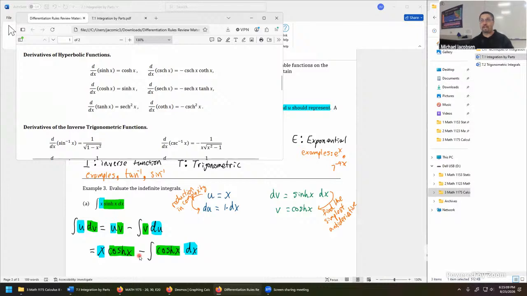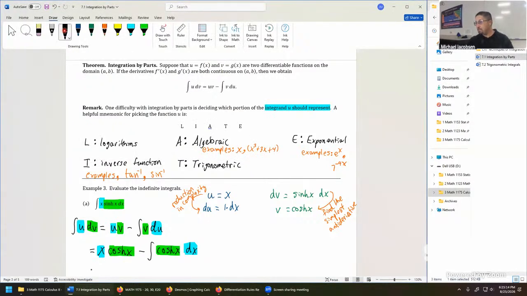There are some signs we have to track with that negative in the middle. So in the end, this all becomes x cosh x minus sinh x. This is an indefinite integral, so we throw in our arbitrary constant of integration, c. And we've done it, folks.